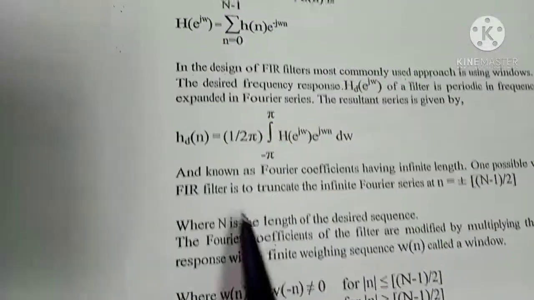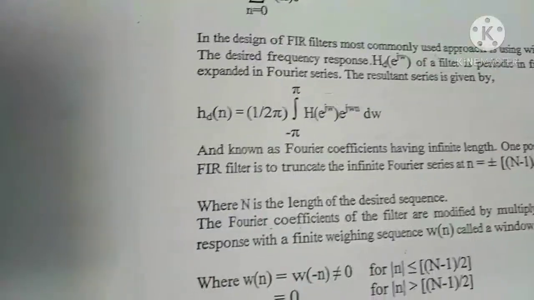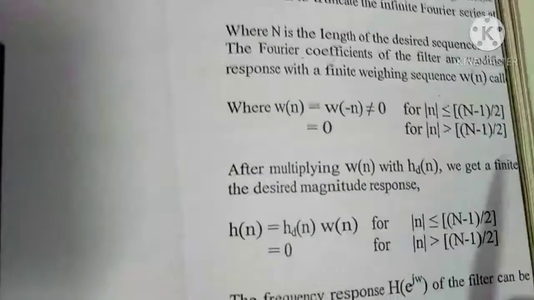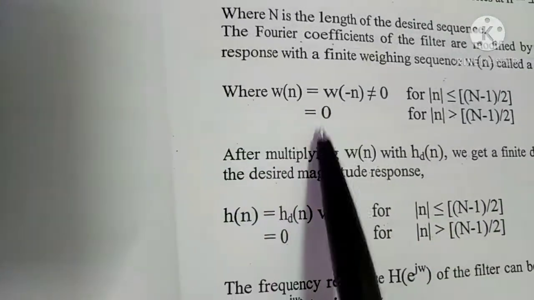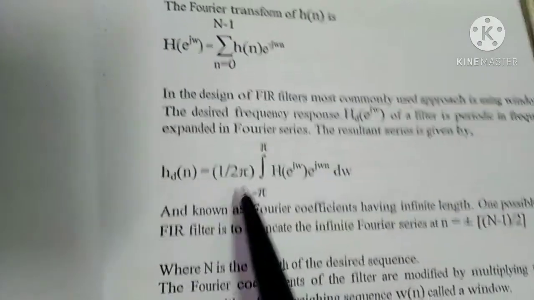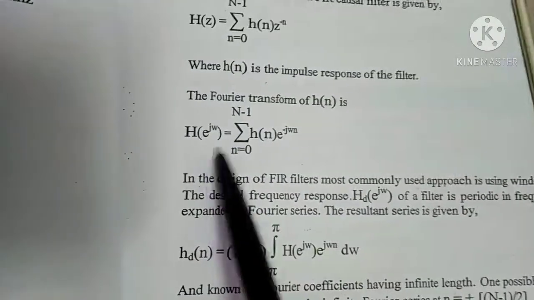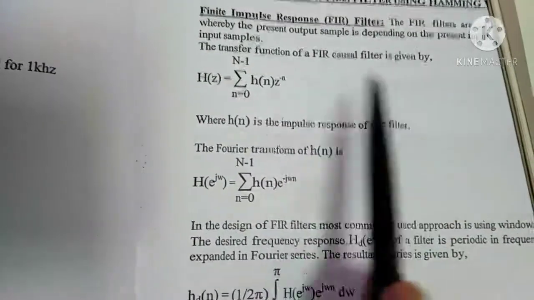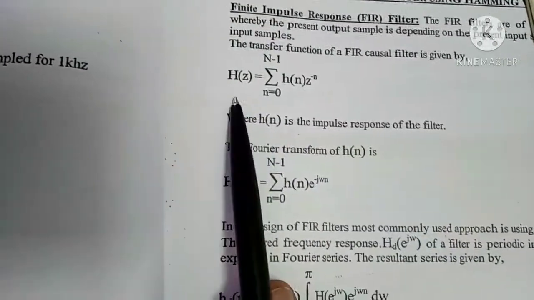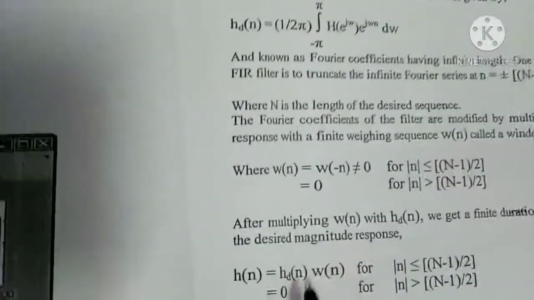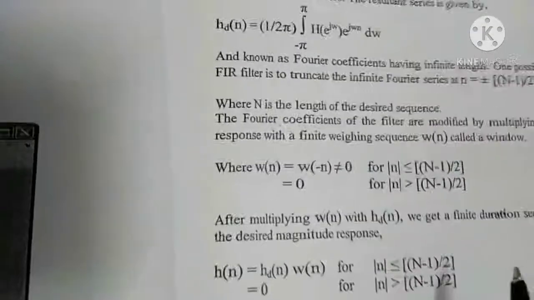Using this Hamming window, when I multiply hd of n, our h of n is given by hd of n into omega n. hd of n is nothing but the inverse of the requirement for the low pass filter, which can be written in the form of h of z. If I take the inverse transform of h of z, I will get an infinite sequence of h of n.